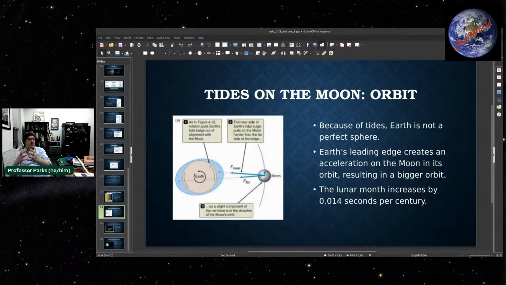Because the mass of the moon is so much smaller, it can't hold itself as a sphere as tightly as the Earth can. So the tides were larger.